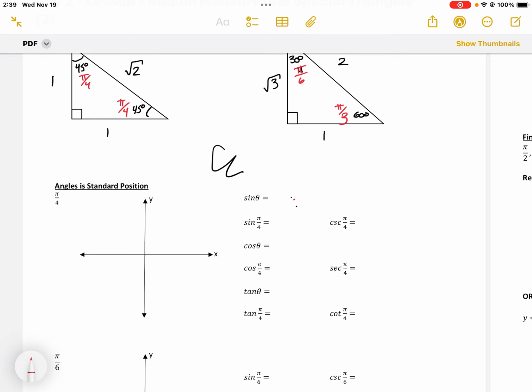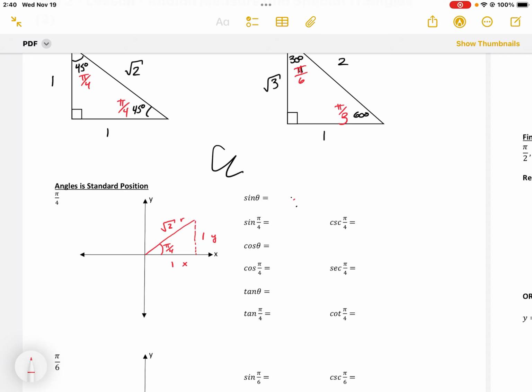We have our triangle right here, and our angle in standard position, so pi over 4 is right here in our first quadrant. In my right-angled triangle, I know that this side is 1, this side is 1, and this side is root 2. We can also denote these side lengths as x, y, and r for our x component, our y component, and then the radius.